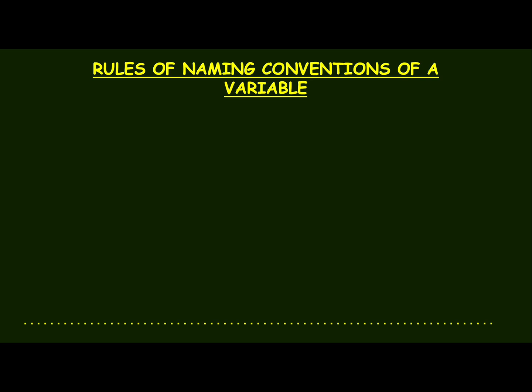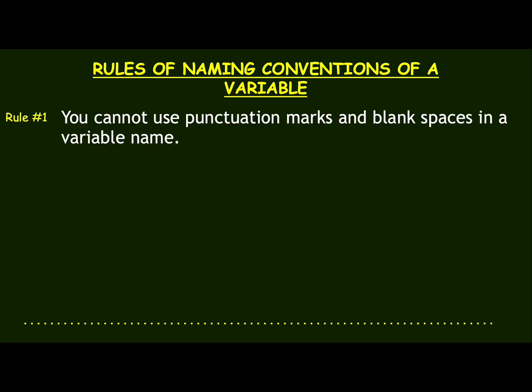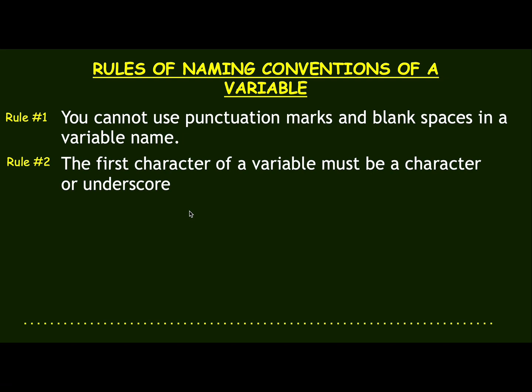The first rule is that you cannot use punctuation marks and blank spaces in a variable name. The second rule says that the first character of a variable must be a character or an underscore.